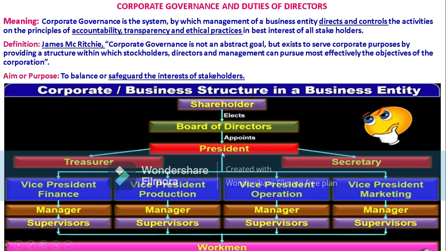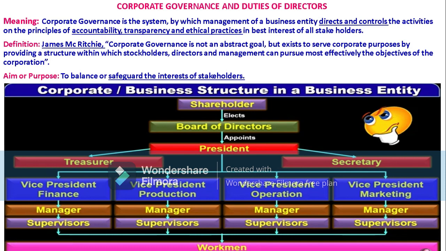The president appoints the treasurer and secretary, and along with them, the president also appoints vice presidents for different departments like finance, production, operations, marketing, etc.